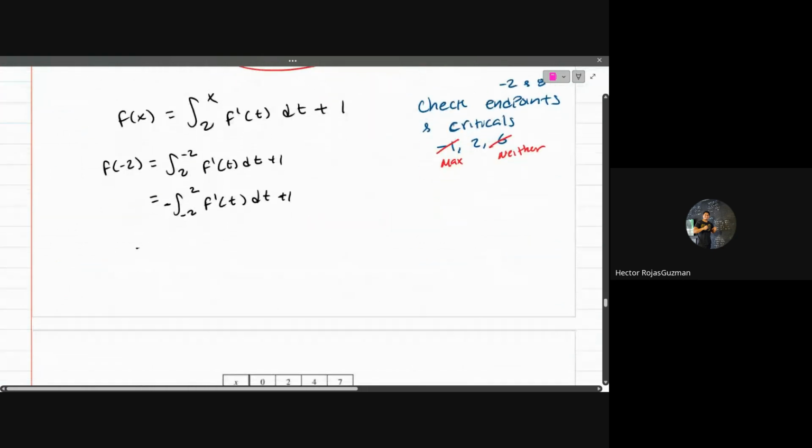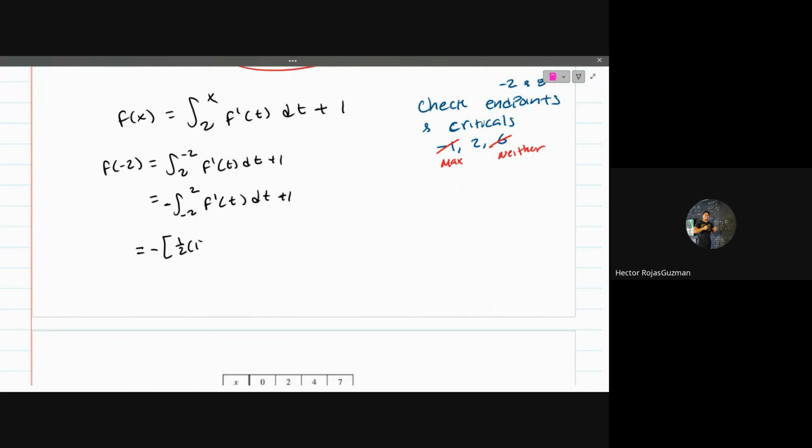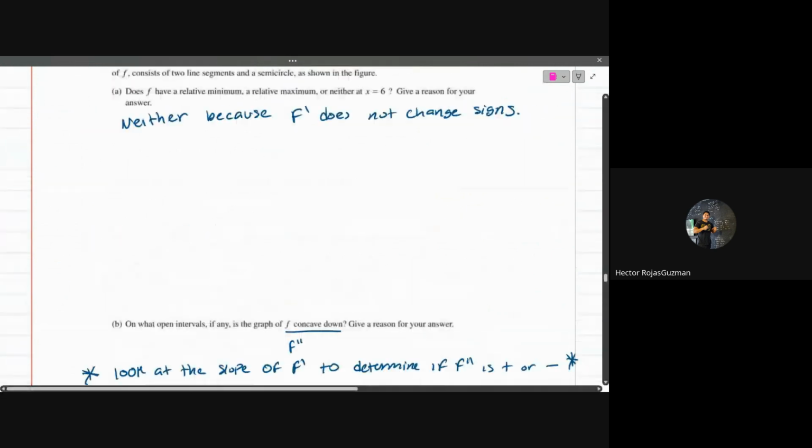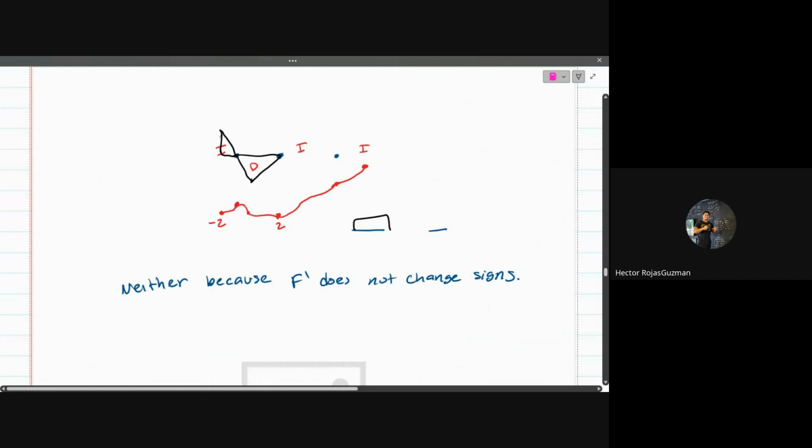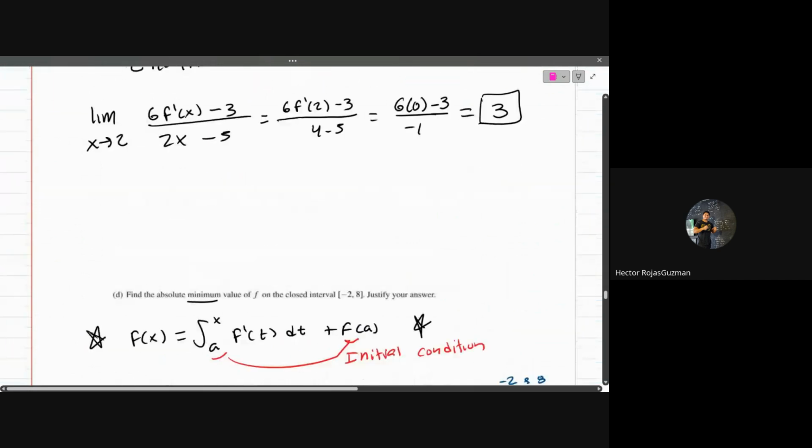This equals negative. For the first triangle, it's 1/2 base times height, 1 times 2. And then for the second triangle, it's 1/2 times the base, which is 3, and we're going to say the height is -2.